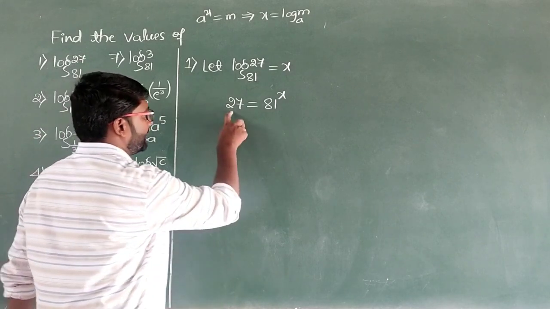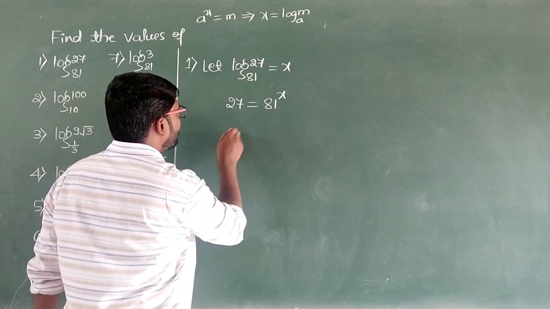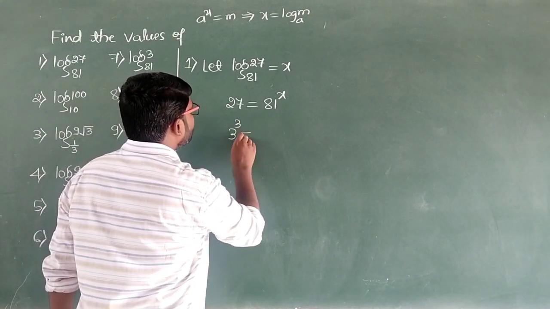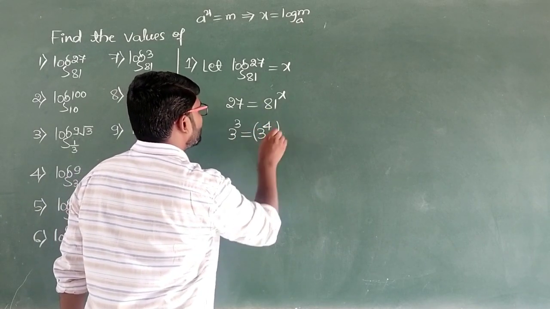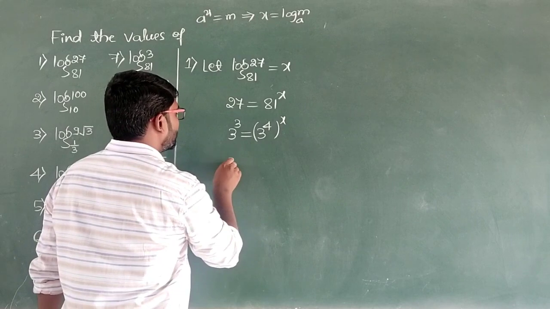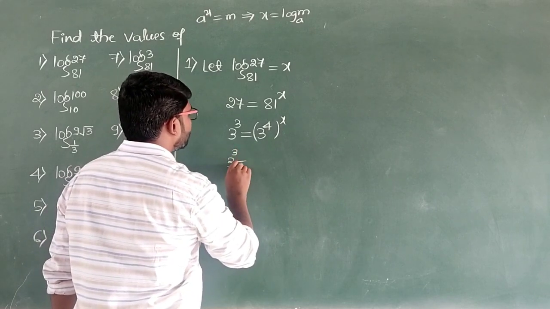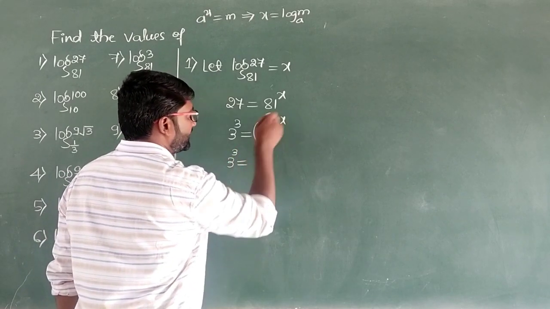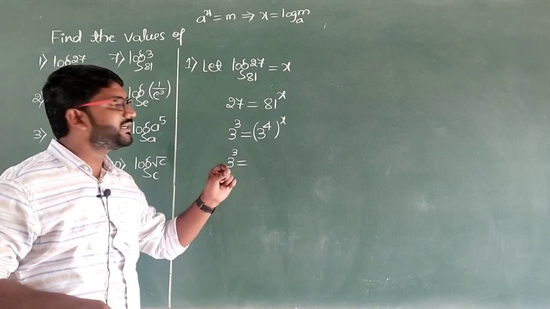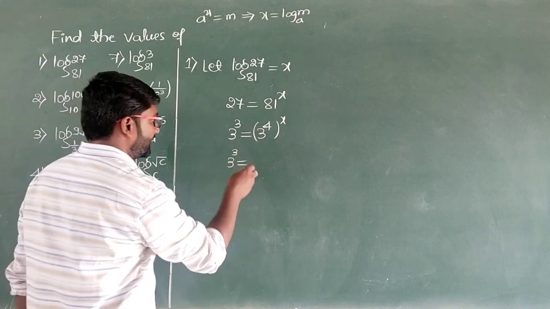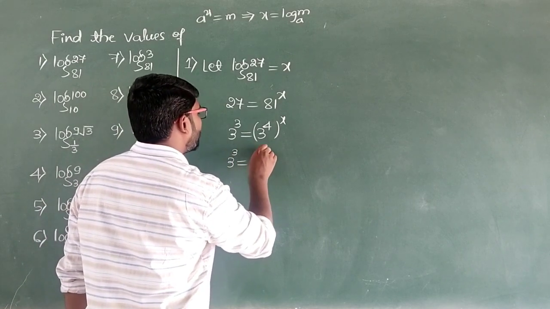Simplify this further. 27 can be written as 3 cube, and 81 can be written as 3 raised to 4, whole to the power x. It is in the form of a raised to m, whole raised to n, which is a to the power mn. So we get 3 to the power 4x.